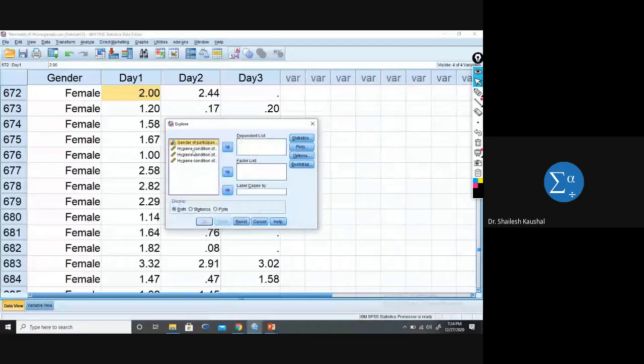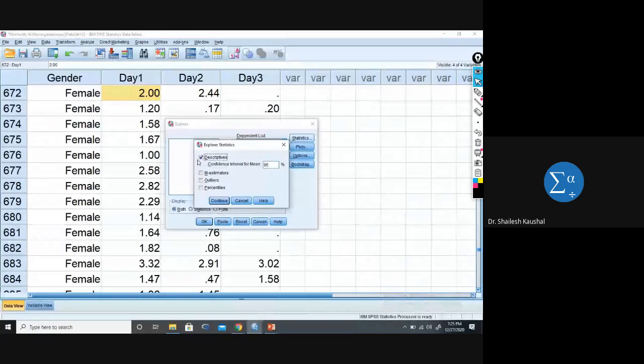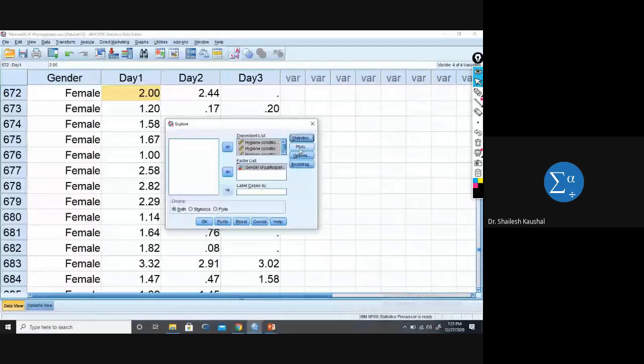I am transferring all three variables into the Dependent List. I am changing one thing here: I am transferring gender of participants into the Factor List. Then I am clicking Statistics. By default it is descriptive statistics, nothing to do here, simply Continue. Then Plots.